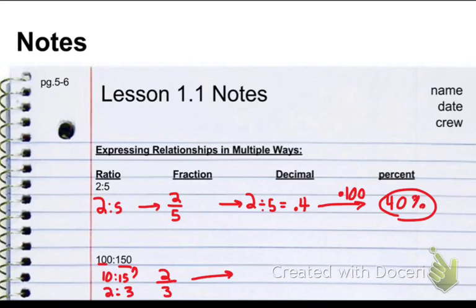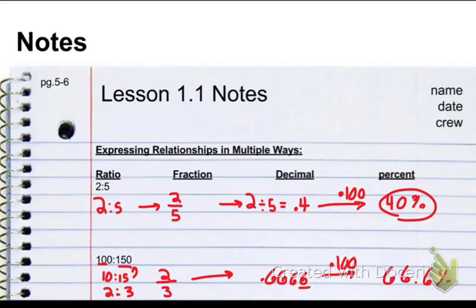And if I want to make that into a decimal, I would get 0.6666 repeating. And if I multiply the whole thing by 100, I would get 66.6%.